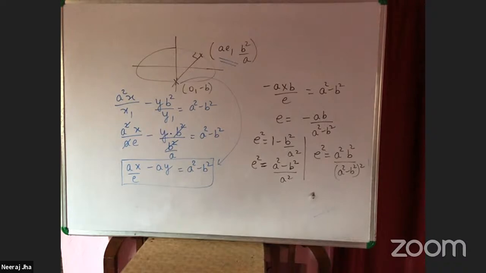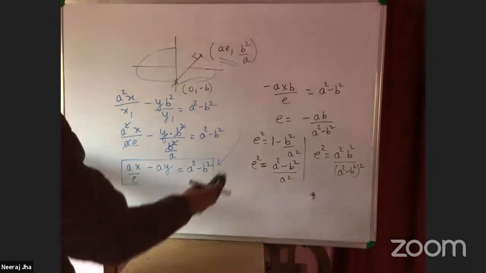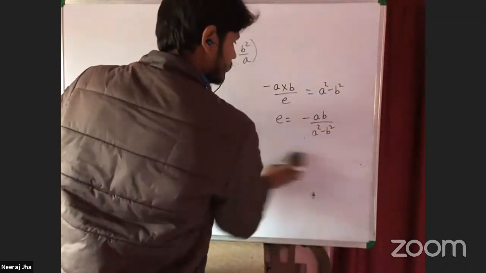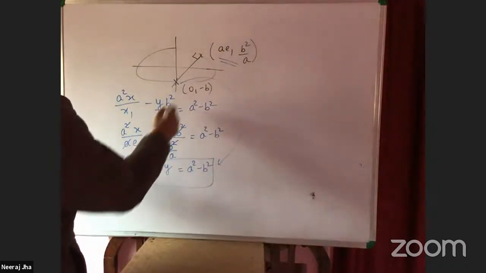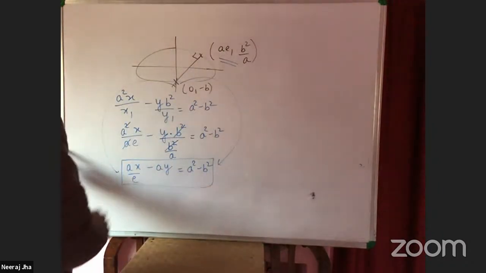So e is equal to minus of ab upon something. There is a slight mistake in this. Something is going wrong. Okay, sorry. The mistake is this. Actually, what I am doing is putting the points incorrectly. X coordinate will be 0, y coordinate will be minus b.